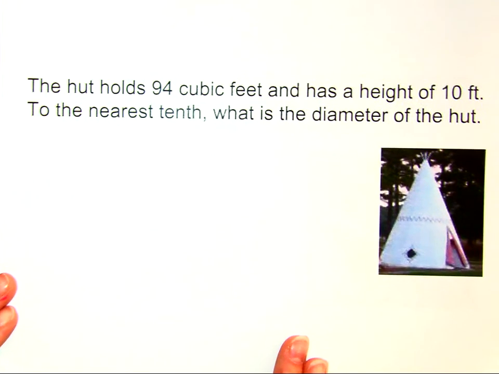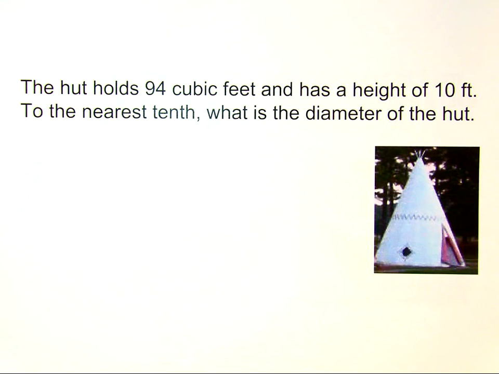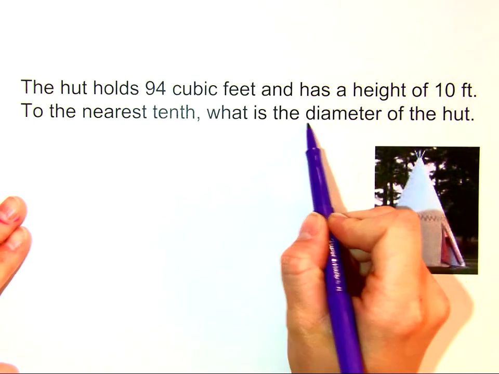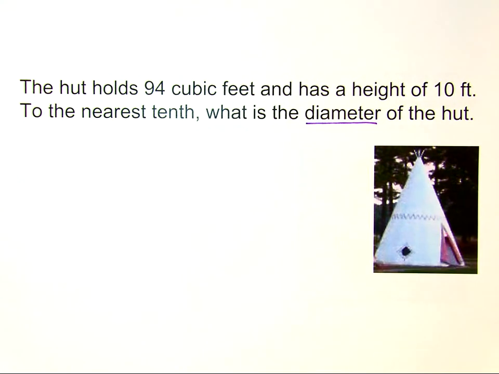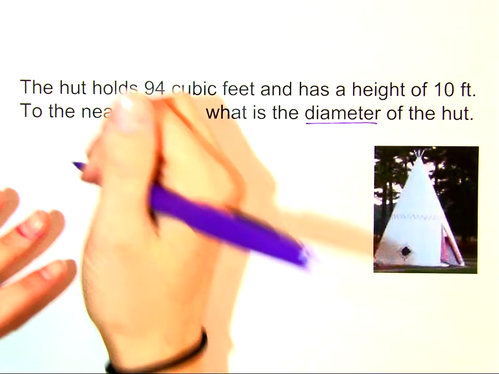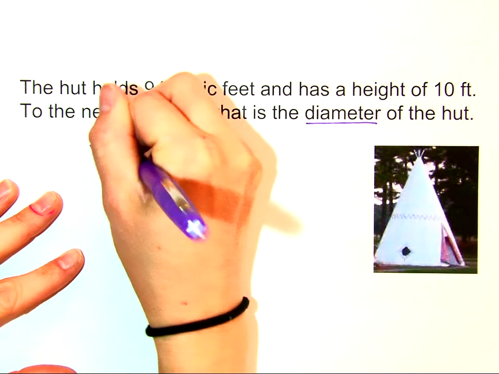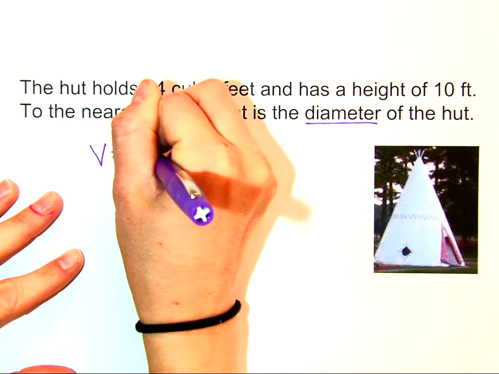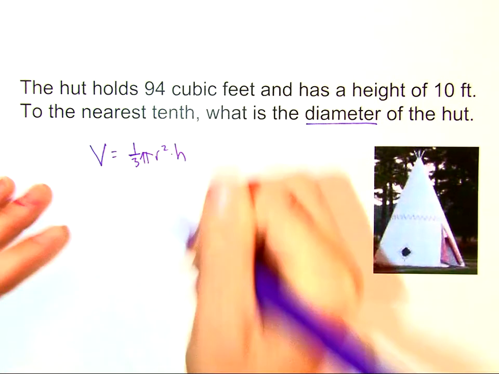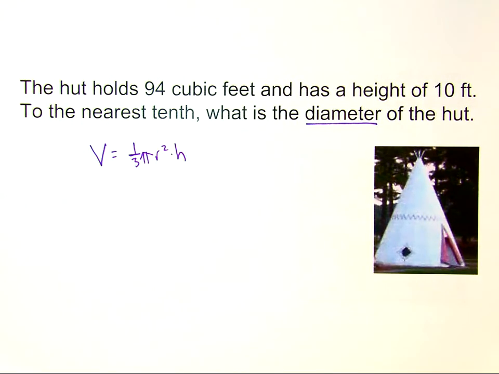All right, the hut holds 94 cubic feet, has a height of 10 feet. To the nearest tenth, what is the diameter? So this is a little different because I'm asking you to find the diameter. And in the volume formula for a cone, is there a diameter for me to solve for? No, the volume of the cone uses the radius.